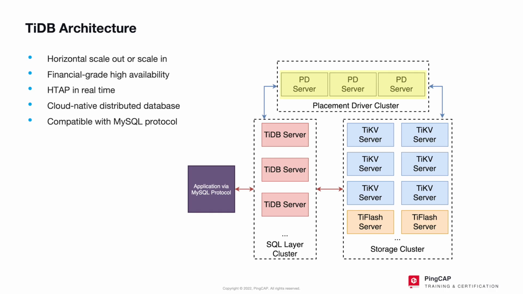It is responsible for generating global timestamp oracle timestamps, scheduling the distribution of regions in TiKV nodes, collecting the health and distribution status of TiKV nodes, and assigning transaction IDs to distributed transactions. PD itself is also composed of at least 3 nodes and has high availability capabilities. We recommend that you deploy an odd number of PD nodes.